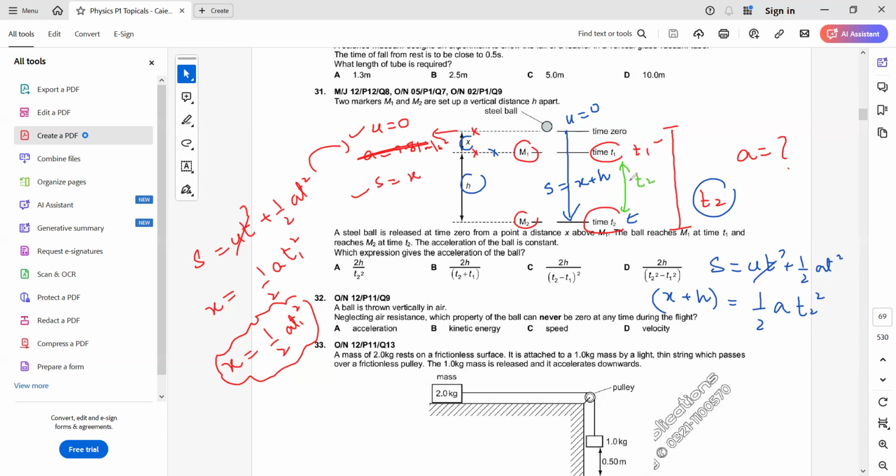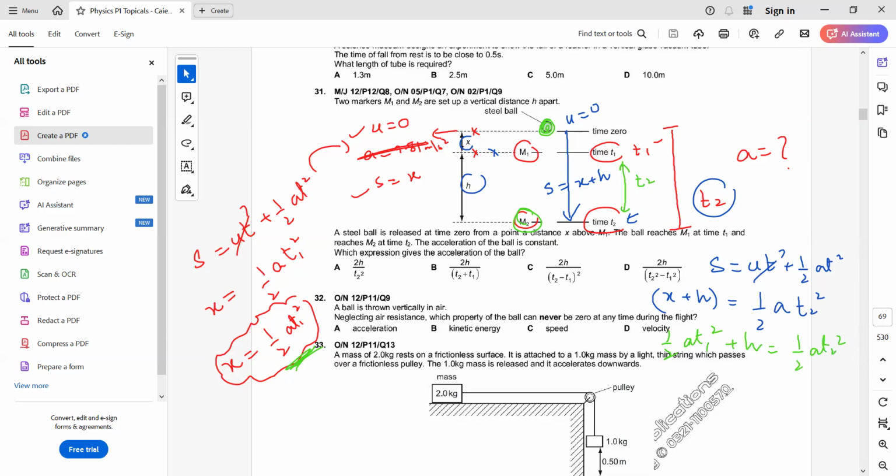However, the question clearly states that T2 is the time it took this ball to reach marker 2. That means from all the way here to all the way here, that's basically T2, right? That's very important. So now we can just substitute the value of x here. That's half a T1 squared plus h equals half a T2 squared.